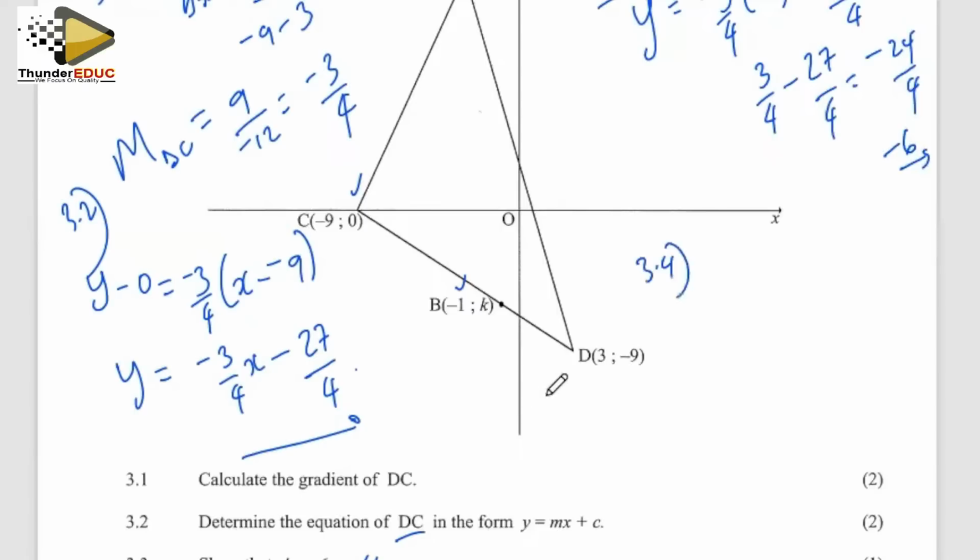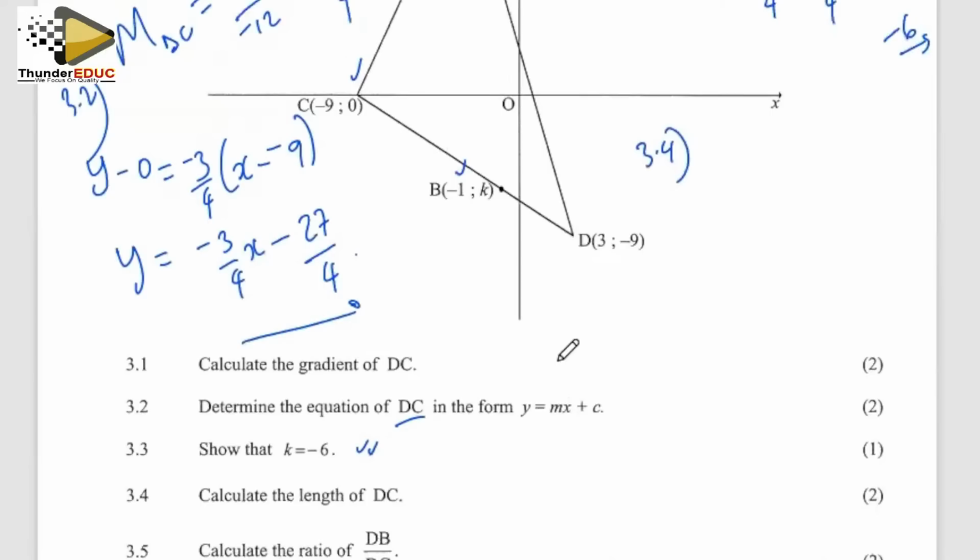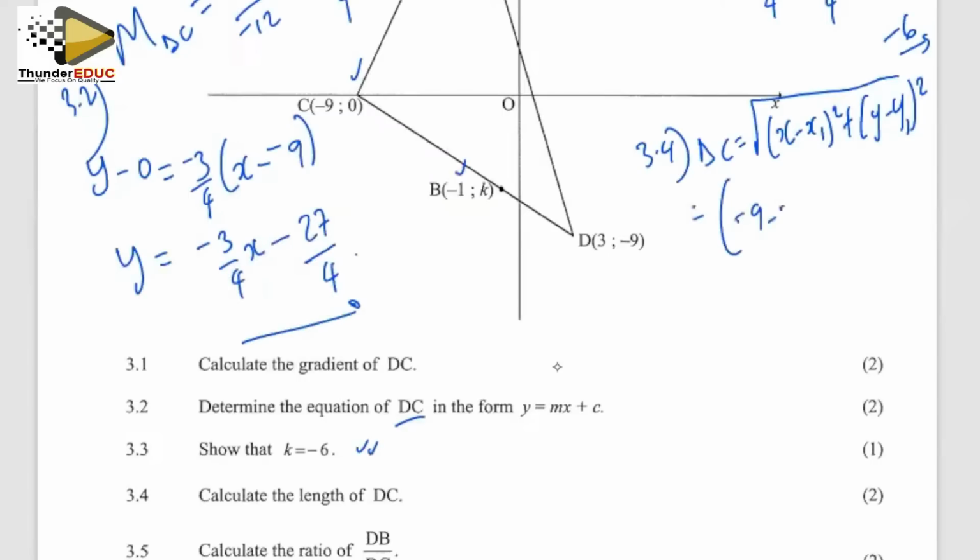All right, then 3.4. Can we calculate the length DC? So with DC, we have to use the distance formula. Okay, so that will be x minus x1 squared, then y minus y1 squared. If you do your substitutions, that's going to be -9 minus 3 squared plus 0 minus 9 squared.